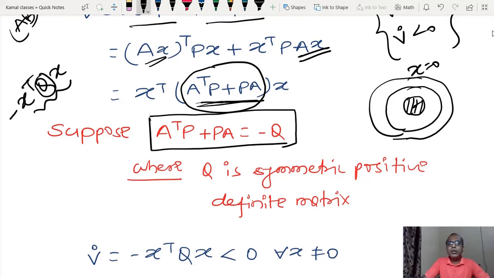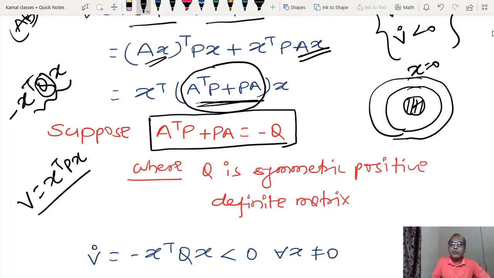Now the whole process of construction of the Lyapunov function: I am going to construct the Lyapunov function like this, x transpose Px, and I have to make sure that this equation has a solution. If this equation has a solution, then I can tell that I have a Lyapunov function. So Lyapunov function construction is now reduced to a matrix equation.